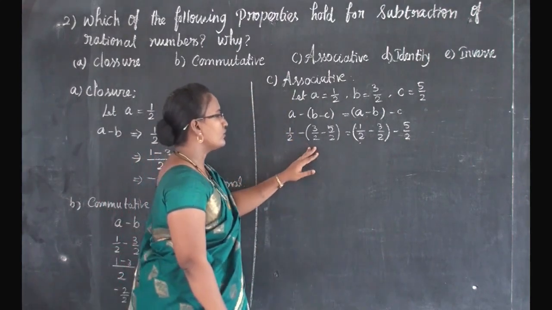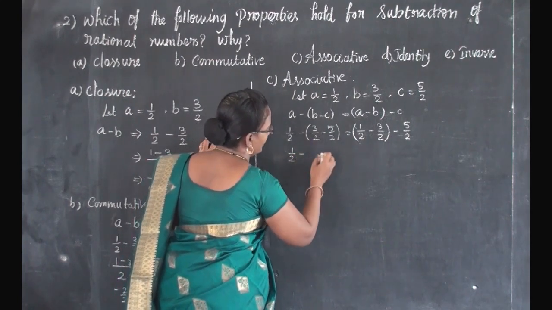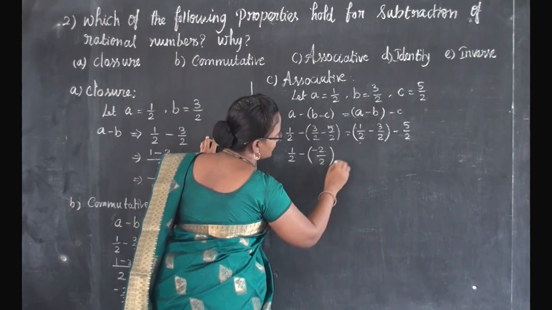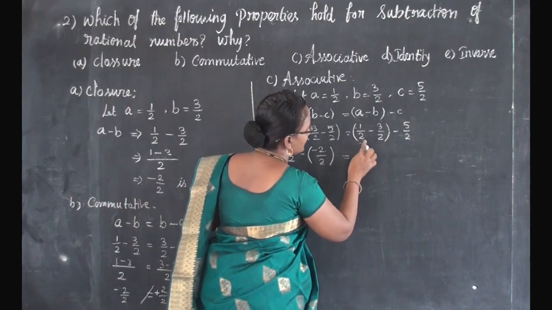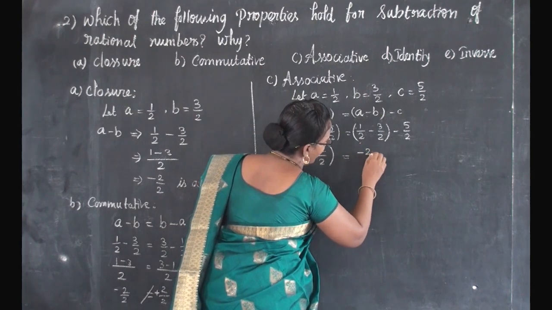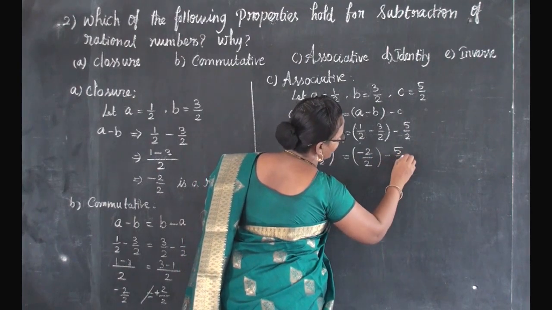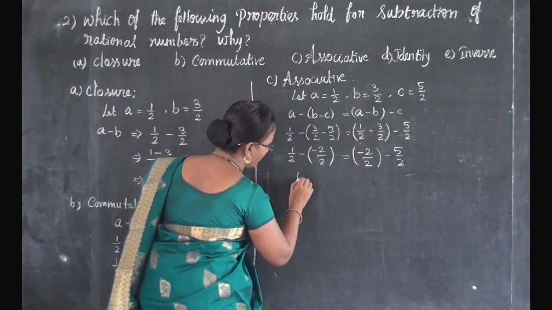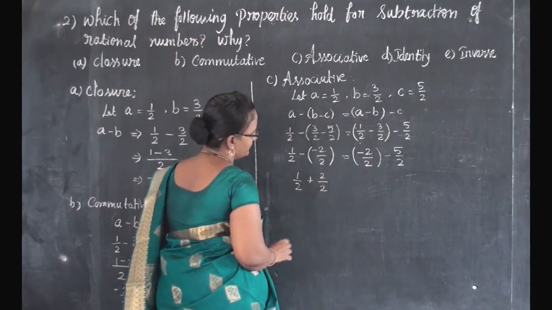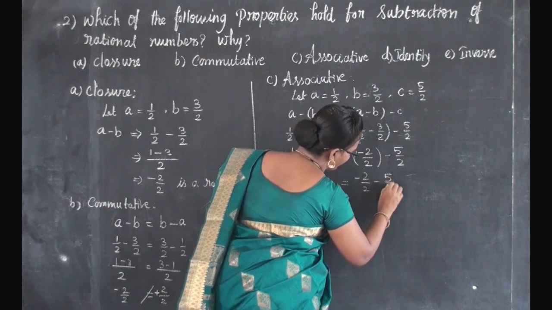Now we solve inside the bracket first. So (1/2 - 3/2) - 5/2, that is -2/2 - 5/2. Here inside the bracket (1 - 3) divided by 2. So that is -2/2 - 5/2. Here, 1/2 minus into minus becomes plus, 2/2. Here -2/2 - 5/2.